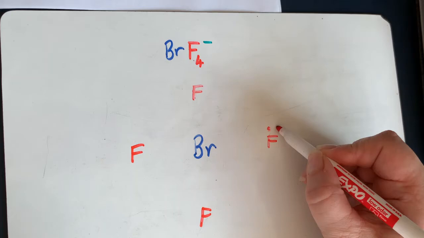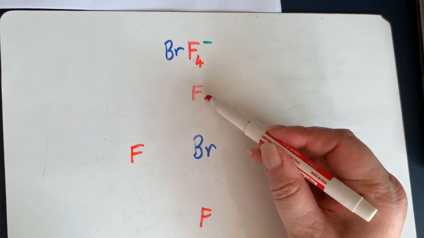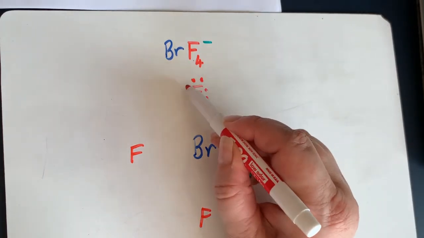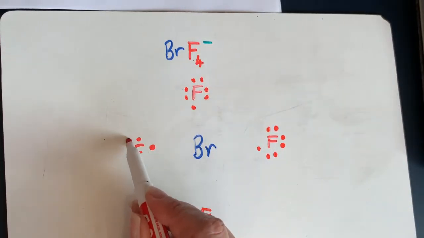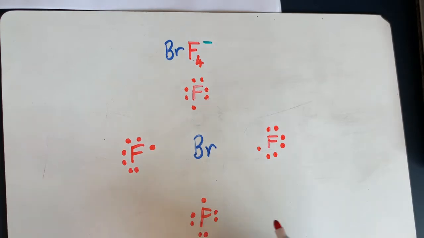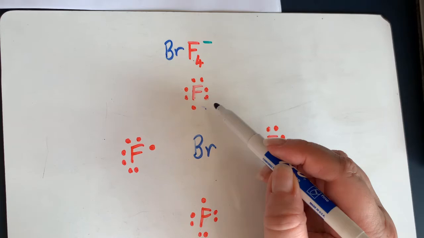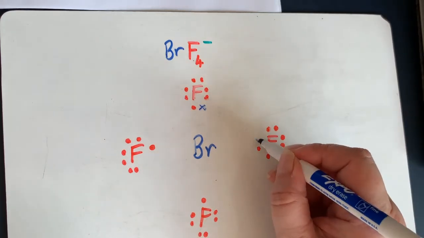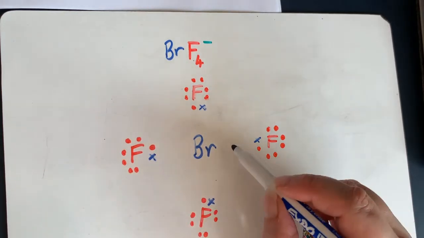If we pop on the 7 electrons for those fluorines, like that. Then if we add in bromine's electrons, it's got 7, it's a halogen, and we can account for 1 here, that's 2, that's 3, and that's 4.